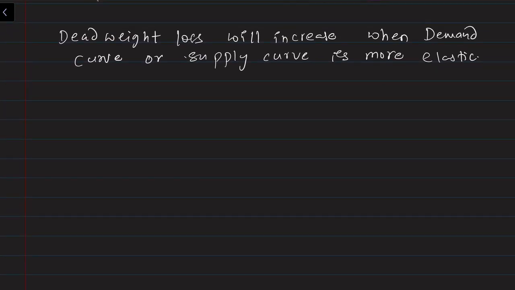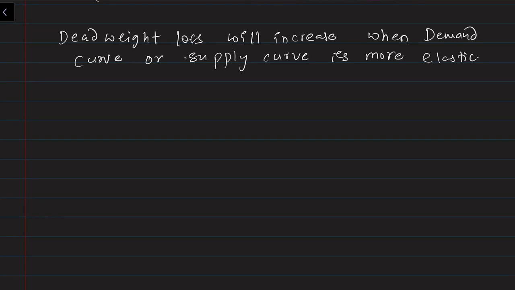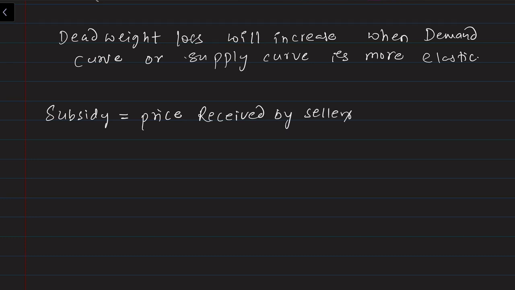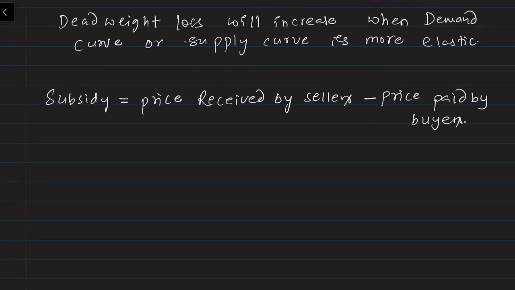Now let's move on to subsidy. So what is subsidy? Subsidy is price received by sellers minus price paid by buyers. And again, similar to tax, we have two remarks: who gets the subsidy does not depend on who receives the check from the government.